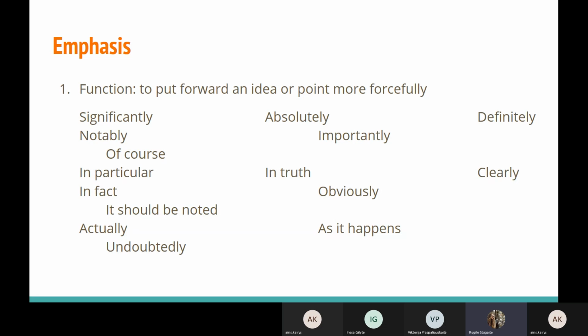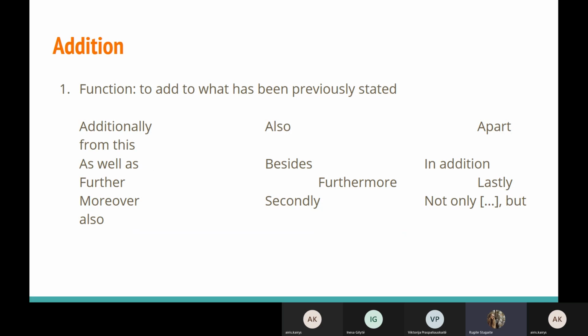From these, it's really like a strong statement. So if you're really sure about the sentence you're about to write, then use these words. But in other cases, there are a few others that I will tell you about. So we can move on to the next slide now.